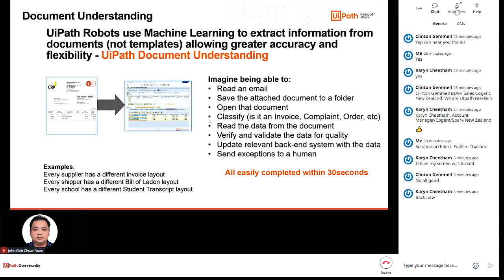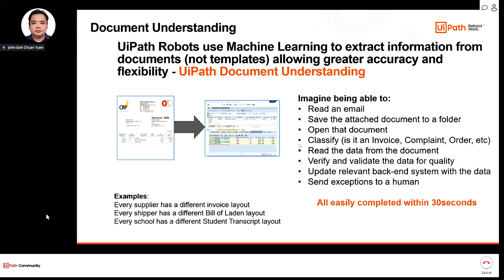The second thing is to extract the information based on the different type of document. If it's an invoice, we have a different set of fields we need to extract. If it's a purchase order, we have another set. So they have to work together.